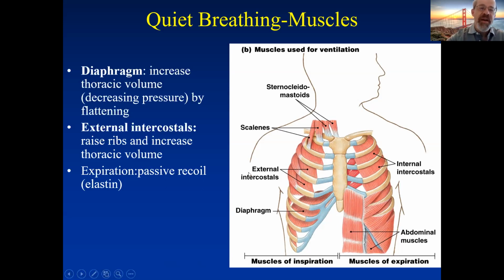And in the case of the diaphragm, it flattens, which increases the volume. One way to look at it is that we're basically lowering the floor and raising the roof with the external intercostals. When the external intercostals contract, we lift the roof. When the diaphragm contracts, we drop the floor. We're thereby increasing the volume of the thoracic cavity.